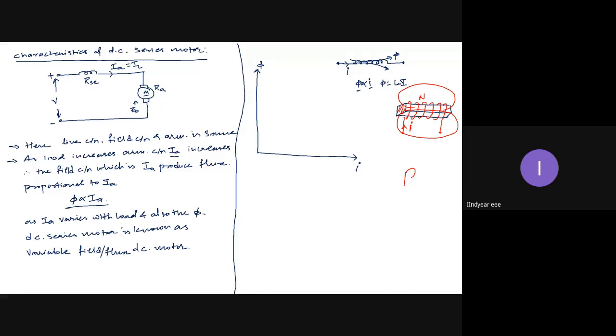Suppose I have an air core coil, whose relative permeability is 1. Suppose I am using a magnetic core of relative permeability, say mu r is equal to 10. What does this relative permeability give me? The magnetic field produced with a core of mu r 10 is 10 times stronger than the magnetic field produced by the same current and same number of turns when the core is air.